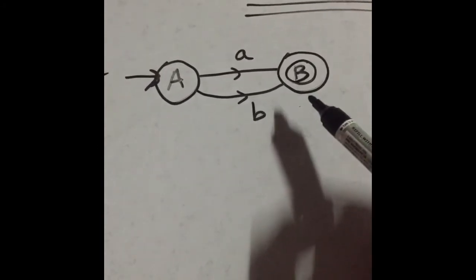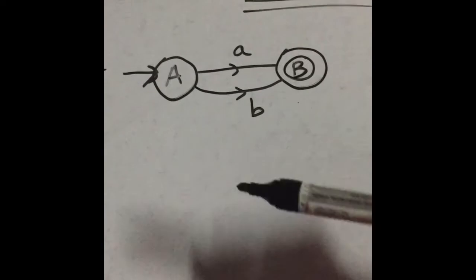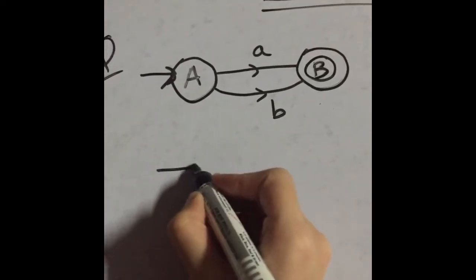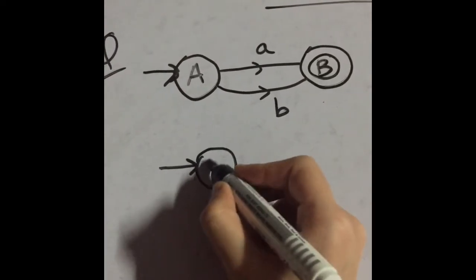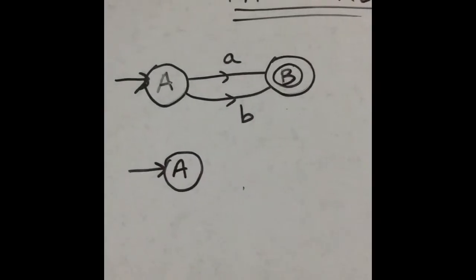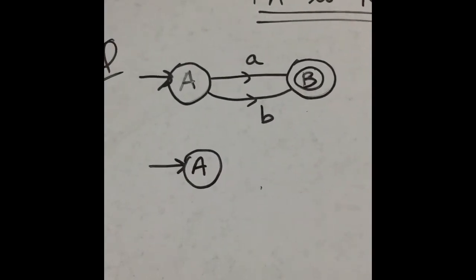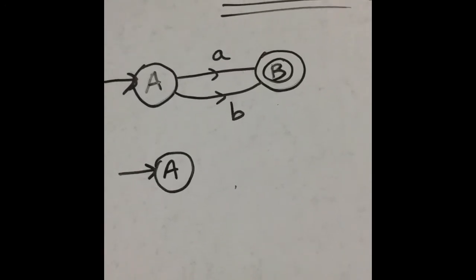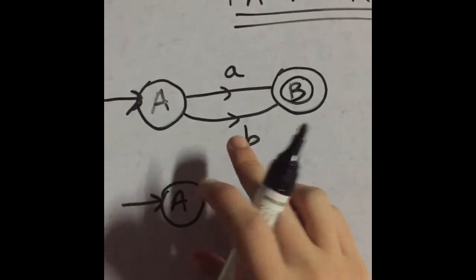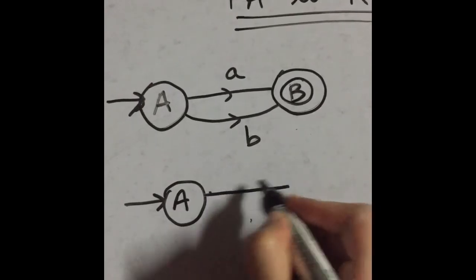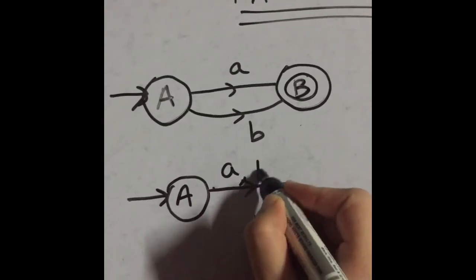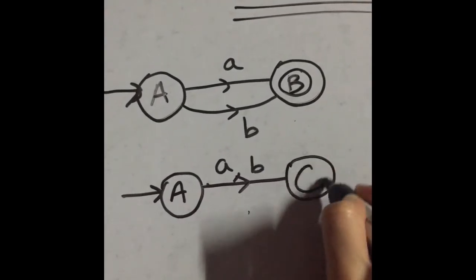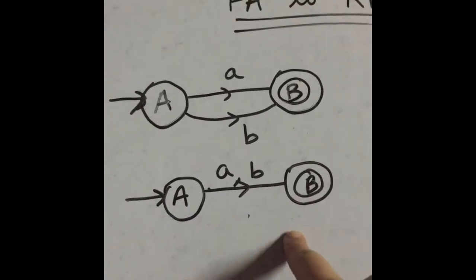How can we make an easier automata for this? See, there are A and B in this transition. We have A and B, and so we can write it as A B on a single edge.